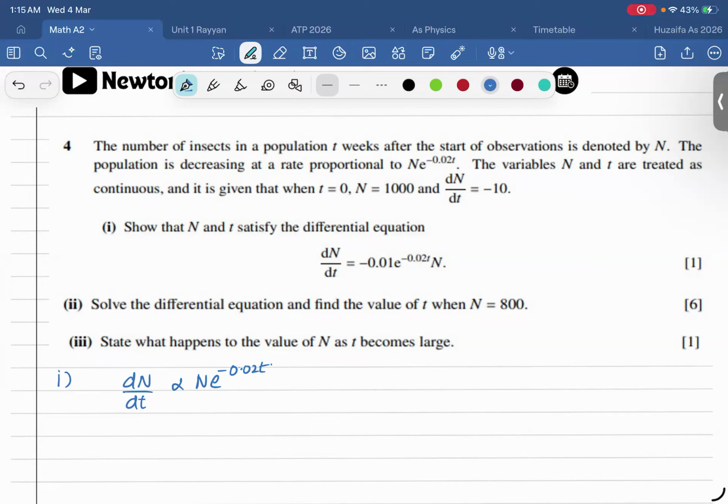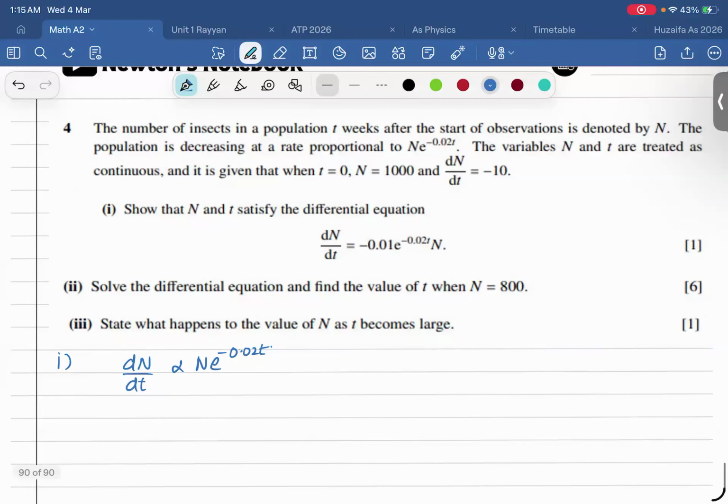Now, when you set up the equation, these are the values given. You can put them in to find any unknown value.